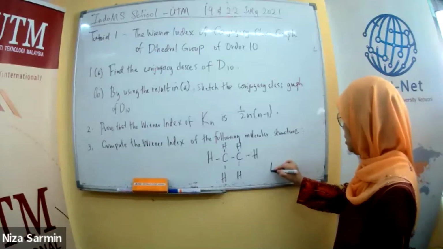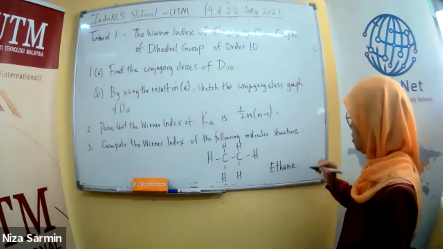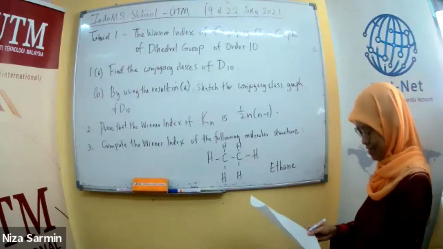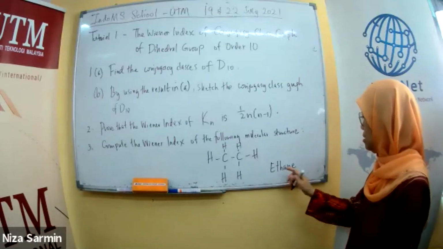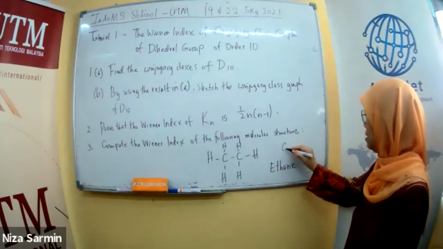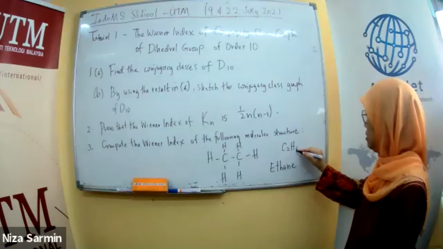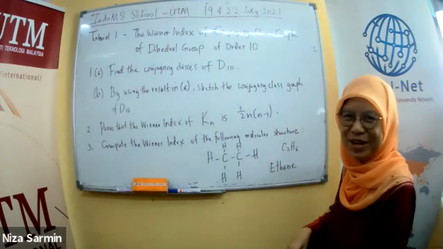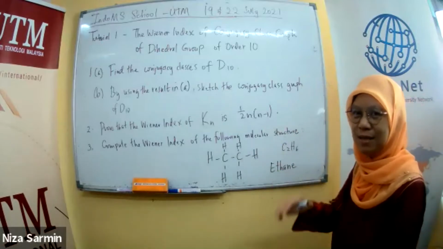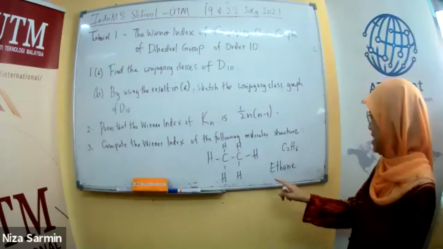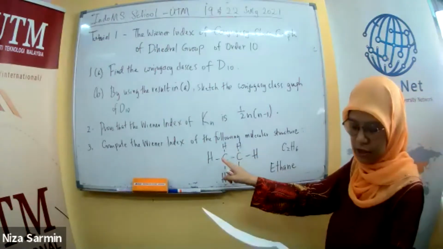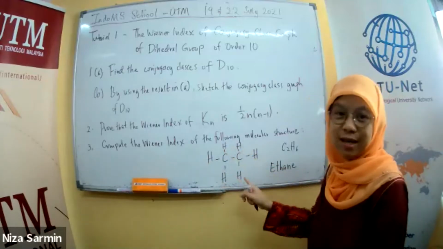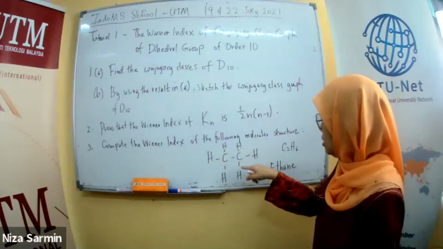This is actually ethane. I don't remember how to write it, C2H what? My chemistry is from so many years ago. Your chemistry is maybe 5 years ago, mine is maybe 30 years. You can transfer this into vertices 1, 2, 3, 4, 5, 6, 7, 8, and this is the connection between them.